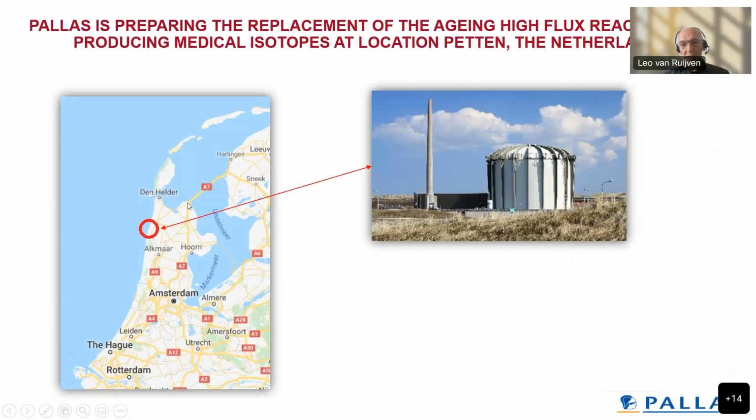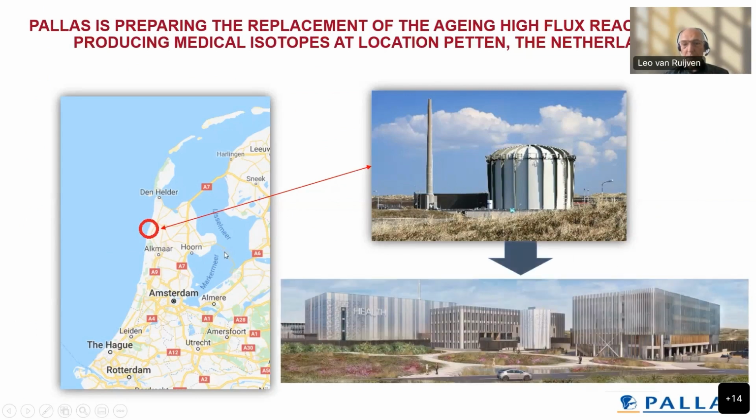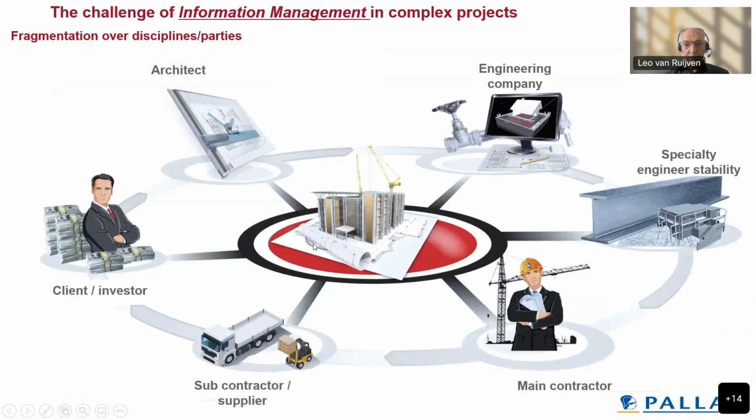This presentation is about the replacement of a nuclear facility and a medical isotope production facility in the Netherlands, which is to be replaced by a new one in 2030. In fact, it's a €1.5 billion project. It's quite a big project, and it has to be delivered in 2030.